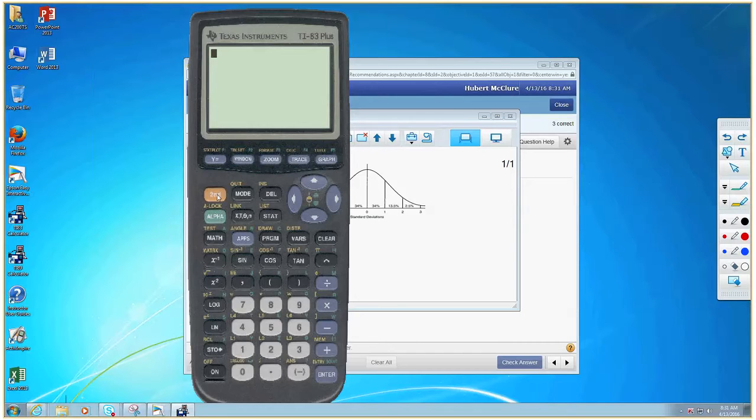That's going to be second function, vars, inverse norm 0.1100, -1.23.